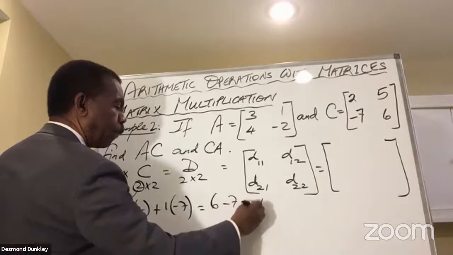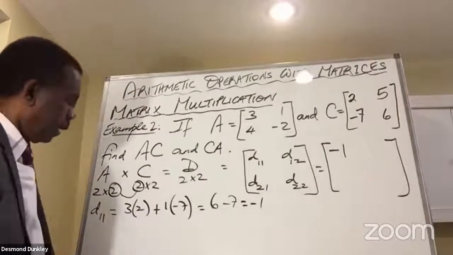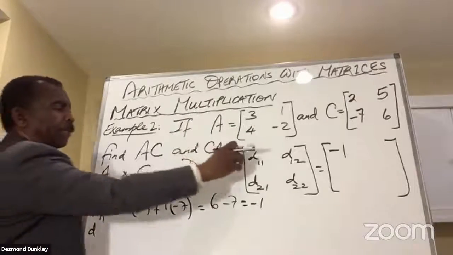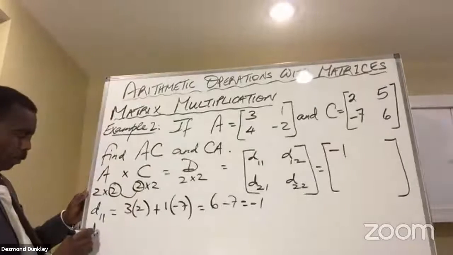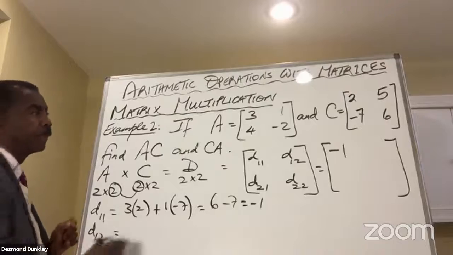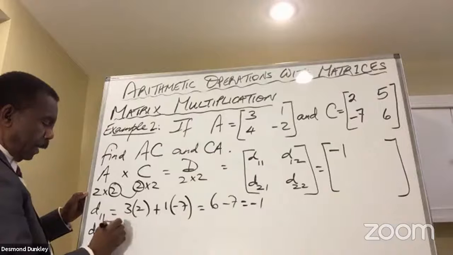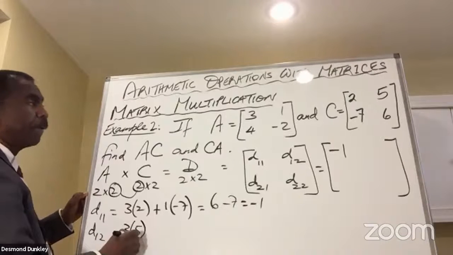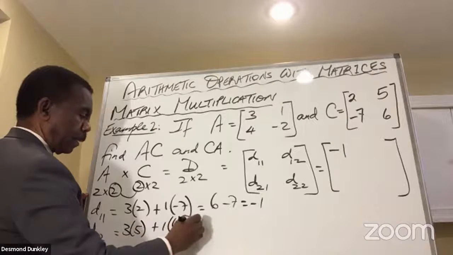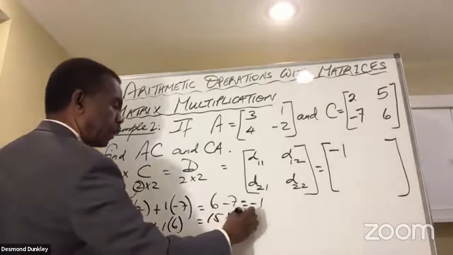So now we end up with -1. I like to go across and get the first row. So D12 is first row, second column. It's going to be 3 times 5 plus 1 times 6. 3 5s are 15 plus 6 equals 21.